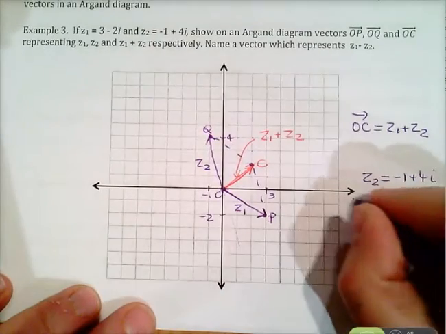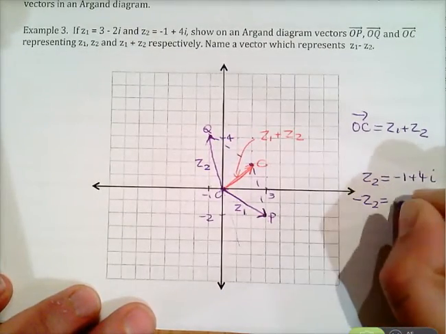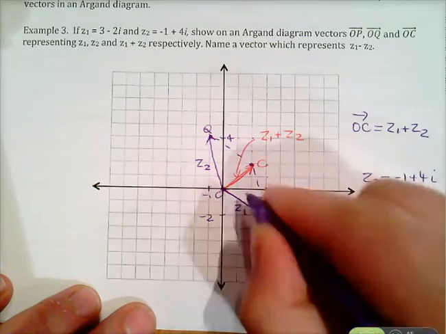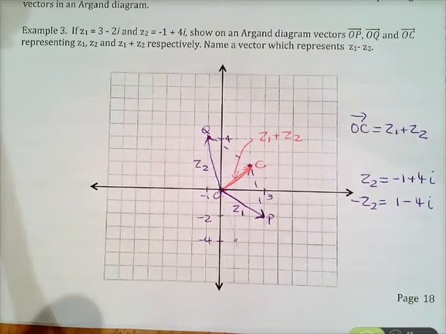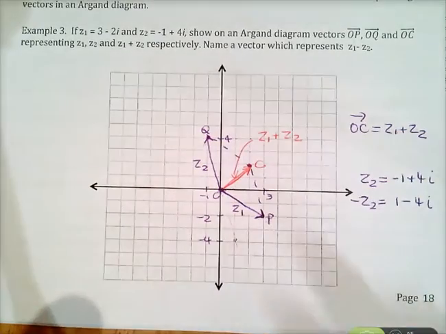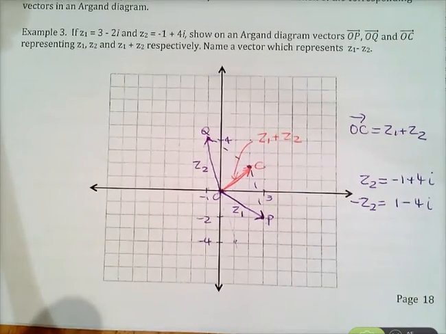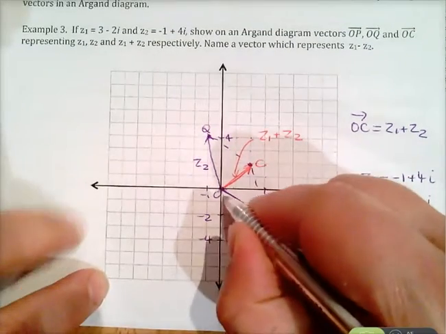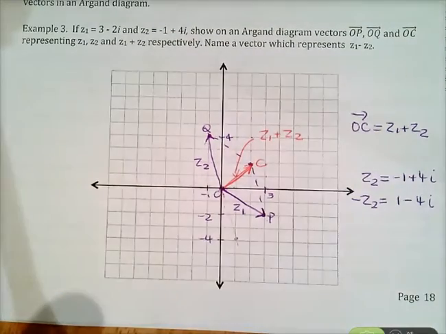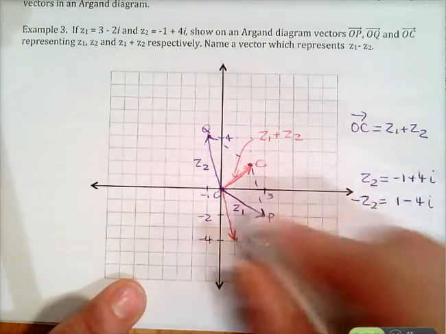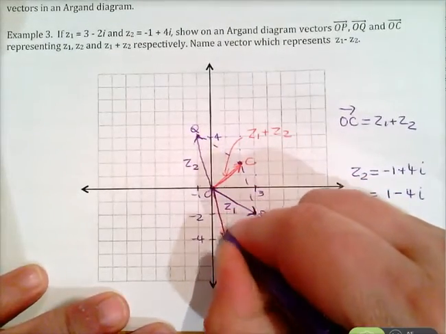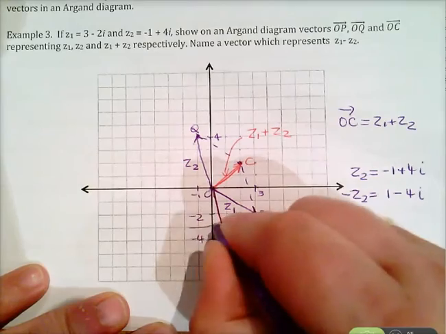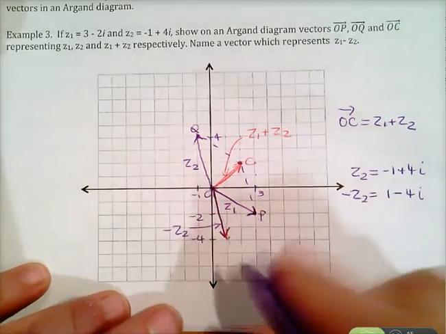So minus Z2 is 1 minus 4i. So I'll just do this in a different color. So minus Z2, this one here in purple, this is minus Z2, okay?